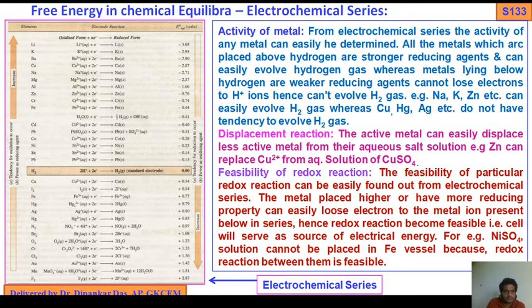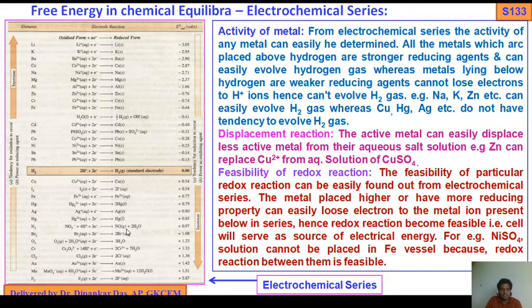Look, this is the hydrogen. What increases here? The power of the reducing agent increases, the tendency for oxidation increases. Oxidation occurs means reducing character increases. What will happen here? Here the power of the oxidizing agent increases. So this is the hydrogen: above it, reducing agents; below it, oxidizing agents.